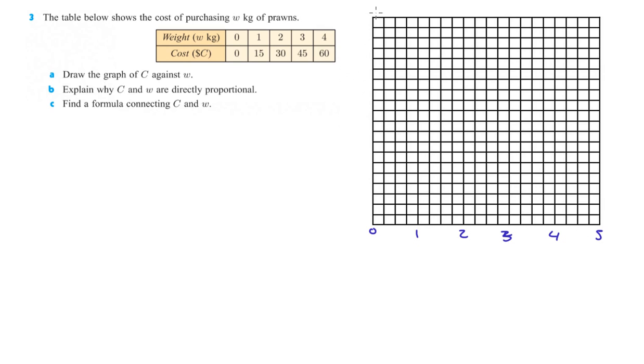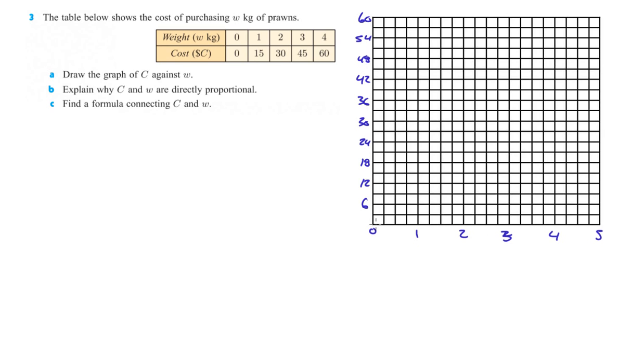And here we got to go all the way up to 60. So if there's 20 lines here, if we go by 3s, that'll get us all the way up to 60. So we'll do 6, 12, 18, 24, 30, 36, 42, 48, 54, and 60, and that'll make this graph look a little bit nicer.